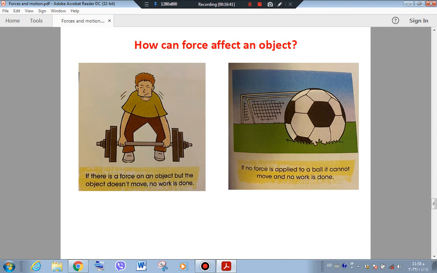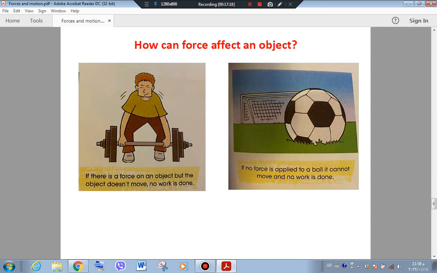He's trying to carry about 15 on the right side and 15 on the left side, which is equivalent to 30 kilograms. He tries to carry this on his first day at the gym, but he cannot do that. So that's no work done. Even though he uses force, there's still no movement. Therefore, this is zero work.